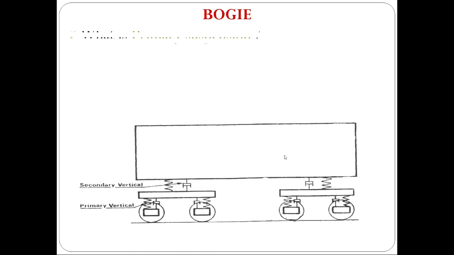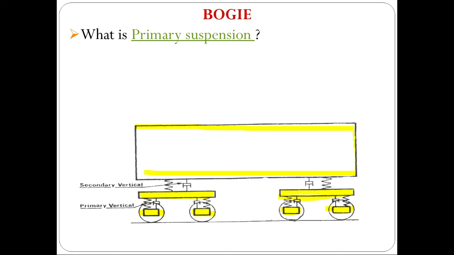Here is a small example. What is primary suspension? In this figure, these are the axles. It is the bogie frame. On top of it is a rectangle, the loco car body. So the loco car body, loco bogie and axle are the important items.